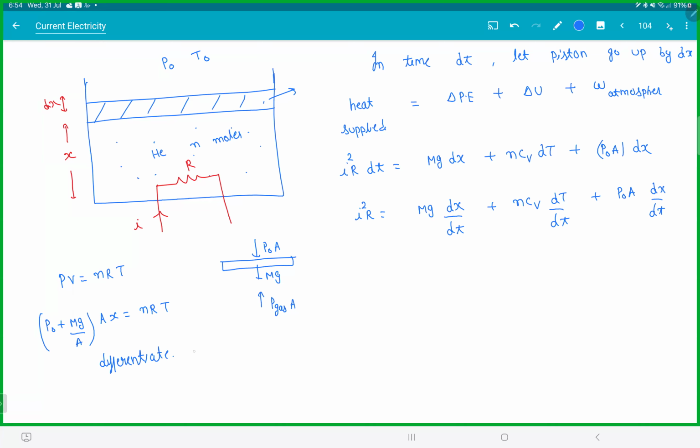If I differentiate with time, you will get (P naught plus mg by A) into A dx by dt equal to nR dT by dt. So I can write dT by dt is equal to some constant, let's call it z, into dx by dt.